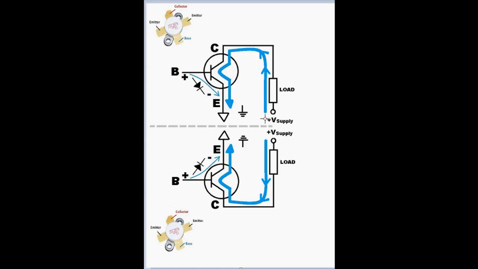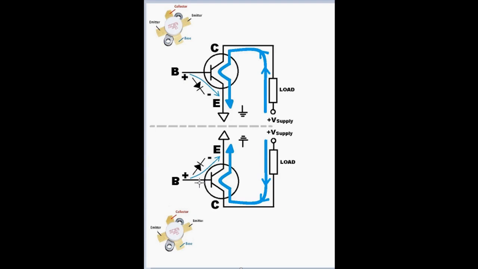And also notice on this diagram that there's two different paths that current can take from the supply voltage to ground. If the upper transistor is turned on with a positive to negative base to emitter junction, remember our diode, if the diode turns on, it will allow strong current flow through the transistor, and it'll go from the supply around and to the ground.